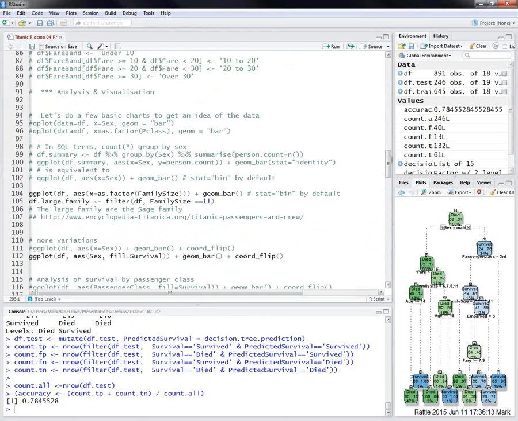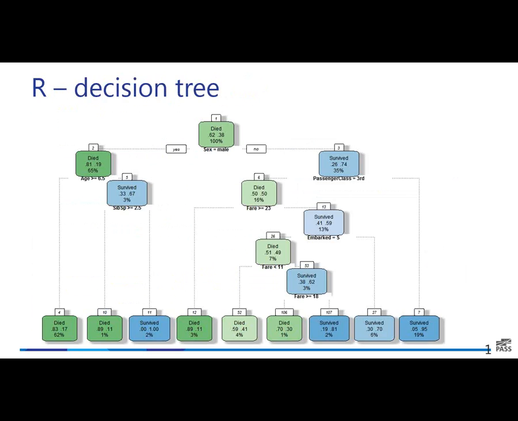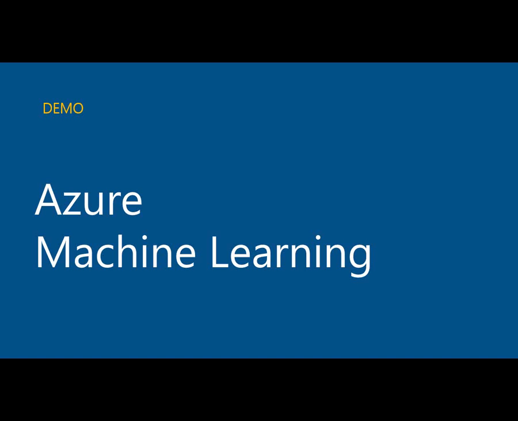We then created a model, split the data into test and training, created a model with the training data, and looked at that model. We then applied that model to the test data, and we saw that we had some reasonable accuracy. Right, so that concludes R, and if I go back to the slideshow, we've done R, and our next demo is Azure Machine Learning.